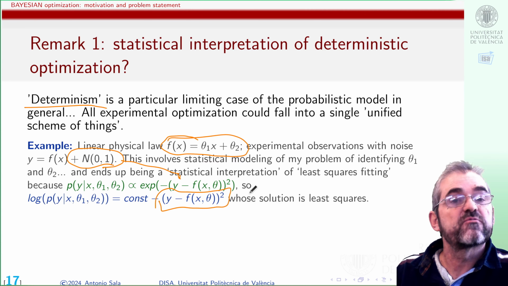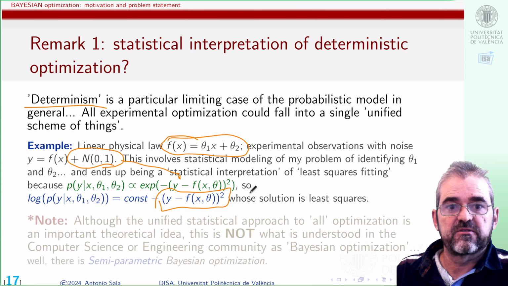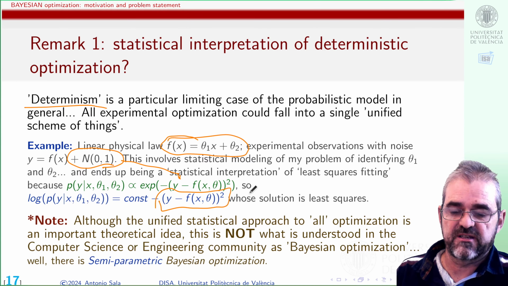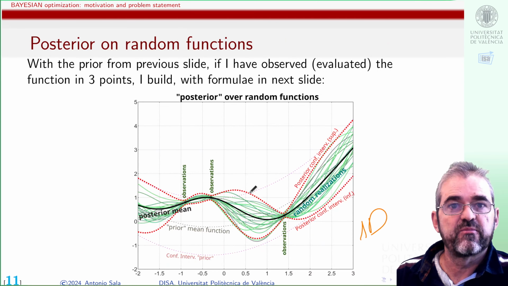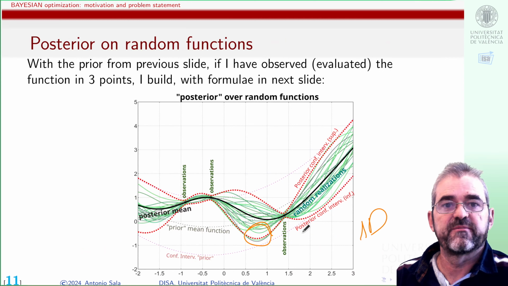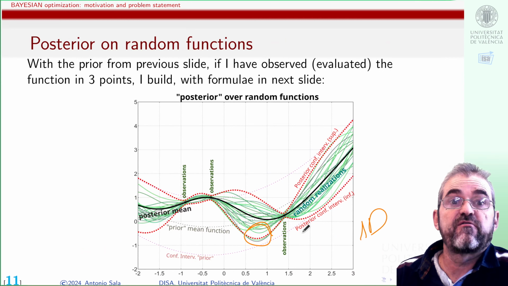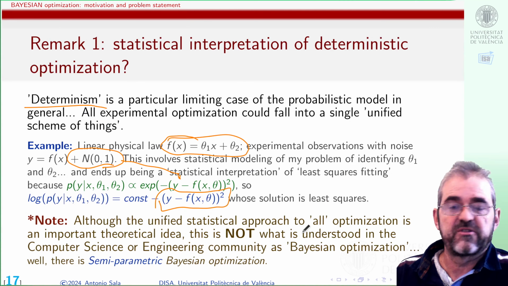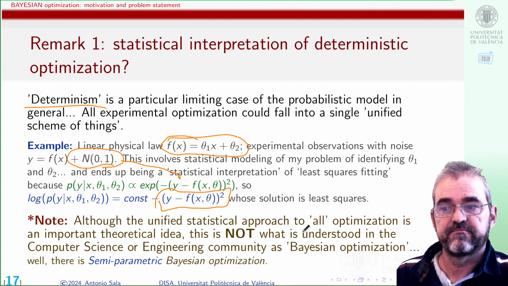But okay, that's kind of a conceptual remark, and what is called Bayesian optimization in applications is usually this kind of Gaussian process manipulations and statistical analysis on where the optimum is. Even if from the great scheme of things, deterministic and statistics are two perspectives on the same problem.